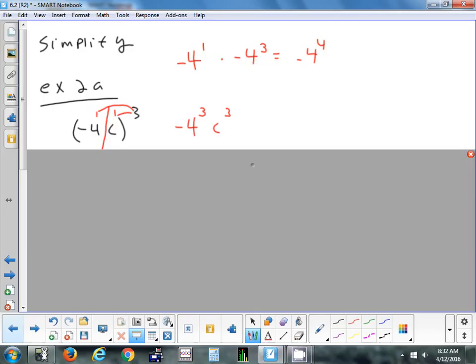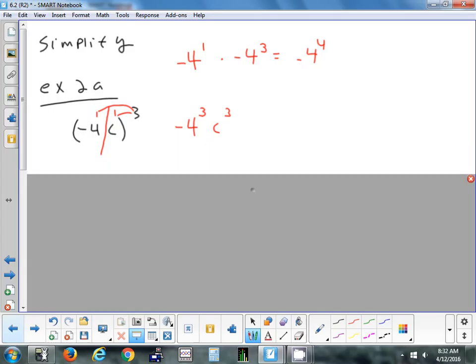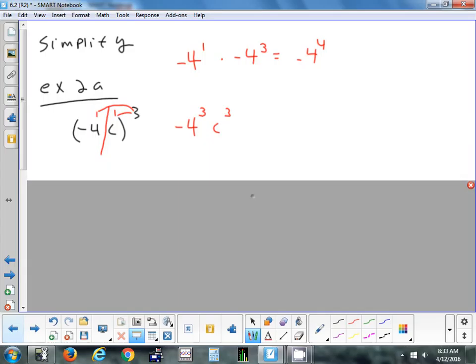All right? So, anything else that I need to simplify? Anything else that I can simplify? -4 to the third power. If I was going to do that on my calculator, what would I need to do? Anybody remember from yesterday? What would I have to do with that -4? Parentheses. All right.